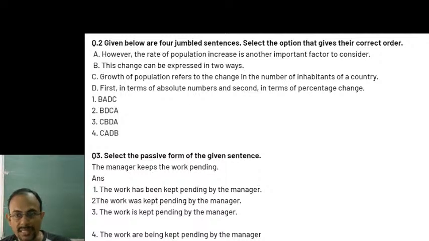Let me see who is the first one to come up with the answer. Come on quickly.